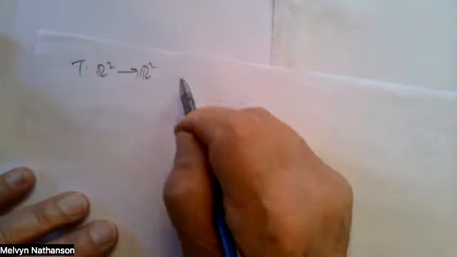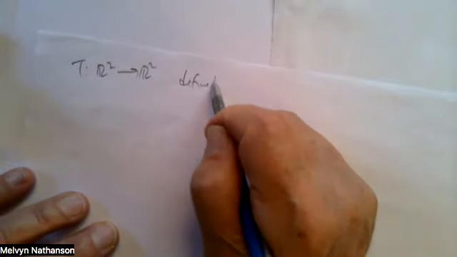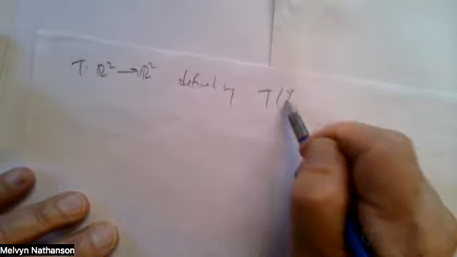Let's look at another example. R2 is easy to work with because you can visualize it. Suppose I have T from R2 to R2 defined by T of (x, y) is (y, x). So, for example, if you take (2, 1), it goes to (1, 2).